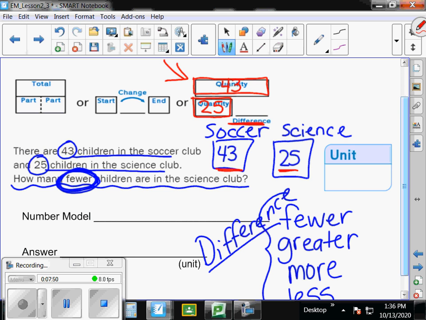And now, guys, I'm just finding the difference between those two numbers. That's subtracting. If I were to take this box of 43 and subtract the 25 part, aren't I going to end up with the other part? Okay, so it's just finding the difference. So my number model is going to be 43 minus 25 equals question mark.